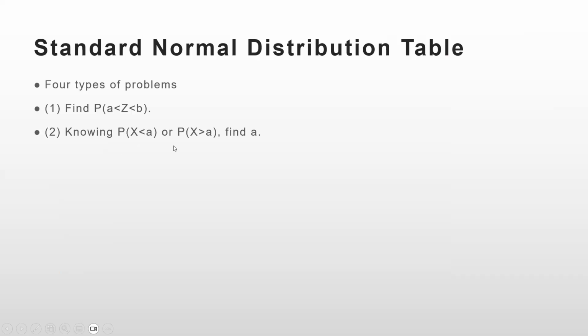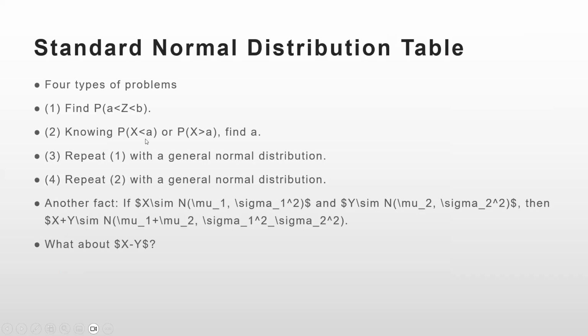Then another type, finding the critical value for Z. And then repeat one with the general normal distribution, the probability of X. And then here you are looking for the critical values for the general normal distribution. So let's look at an example for that one, and we're done with these four types of problems.